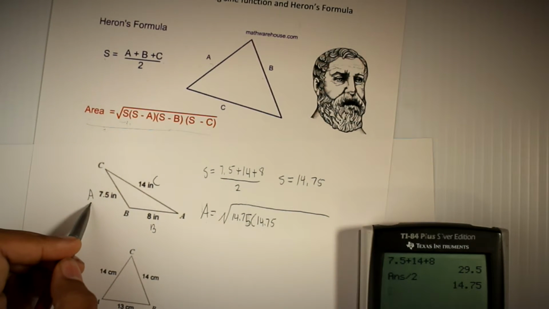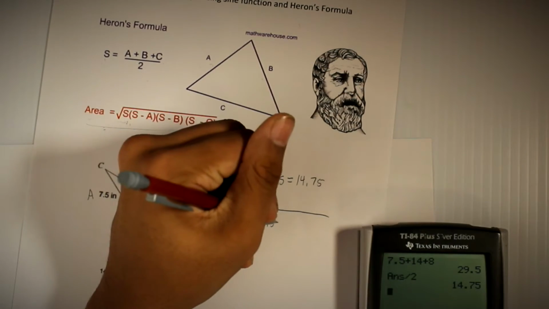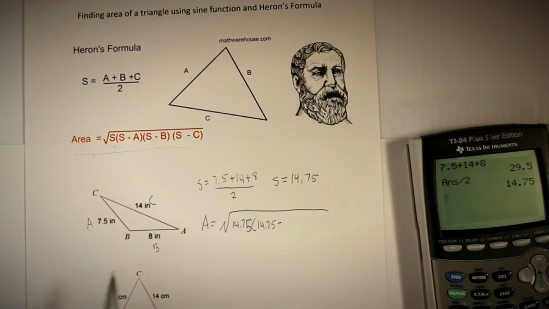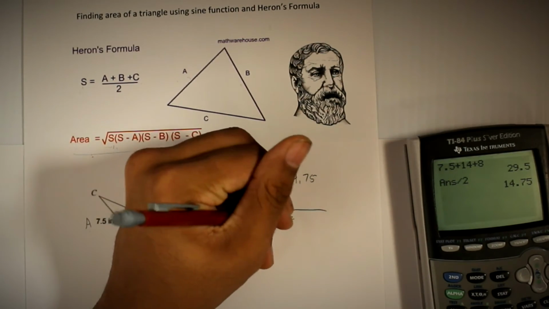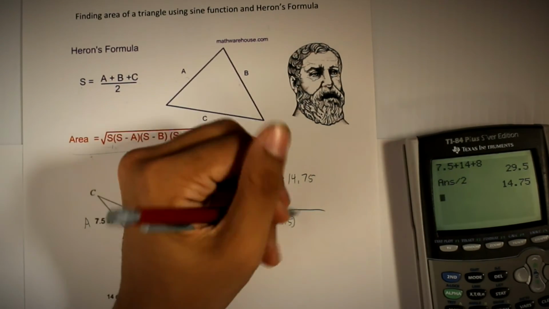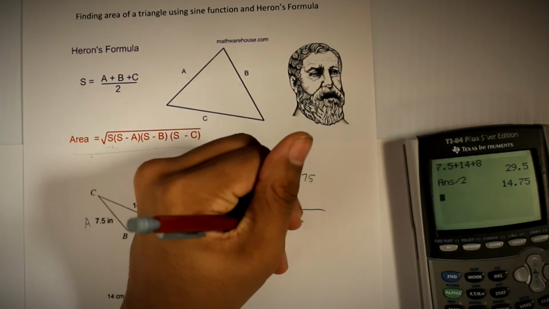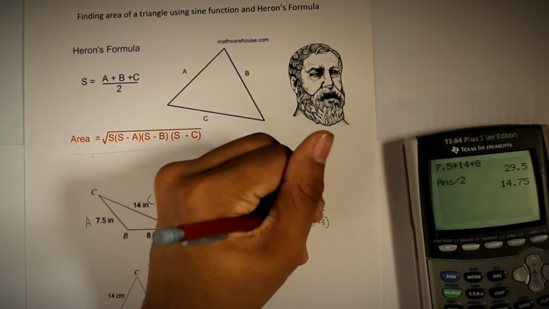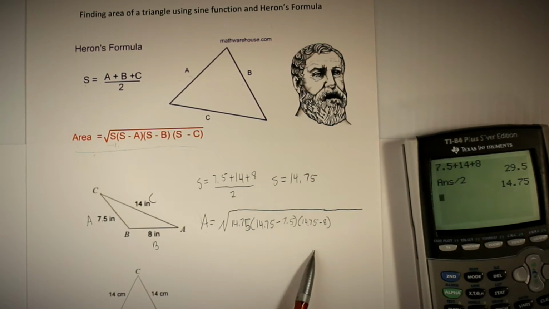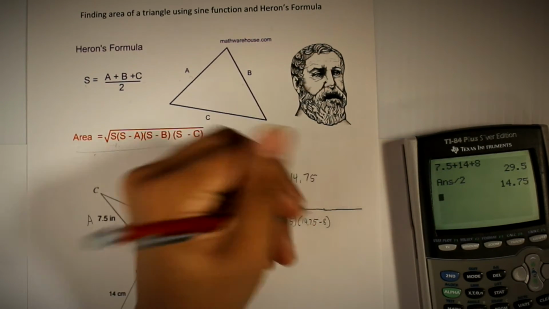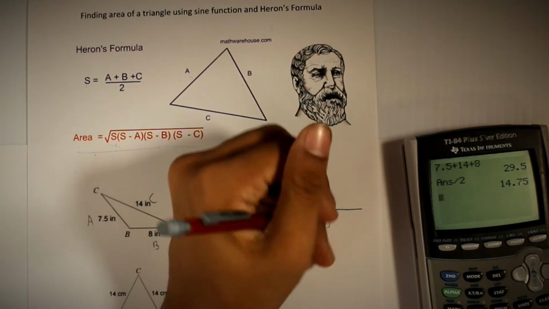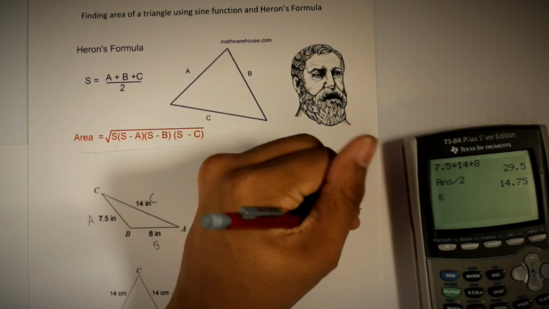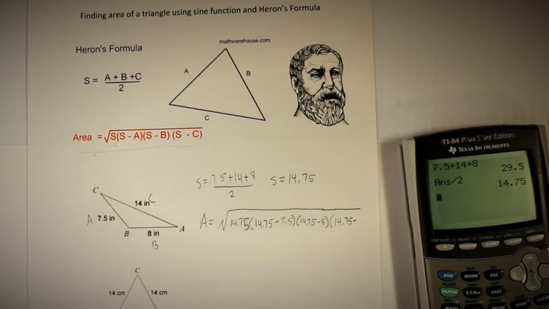A is 14, so 14.75 minus 14, no, it's 14.75 minus 7.5, and then 14.75 minus 8, and then multiplied by 14.75 minus 14. Can you see that right there?